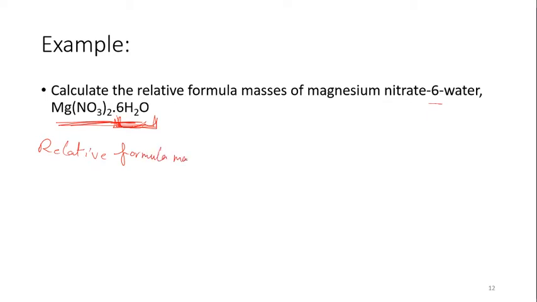mass for this compound, it would be equal to, I have 1 magnesium atom, so I multiply 1 by the magnesium relative atomic mass, 24.3, and I have here 2 nitrogen atoms, 2 multiplied by 14, and I have 2 by 3, which is equal to 6 oxygens by relative atomic mass 16, plus I have 6 H2O.